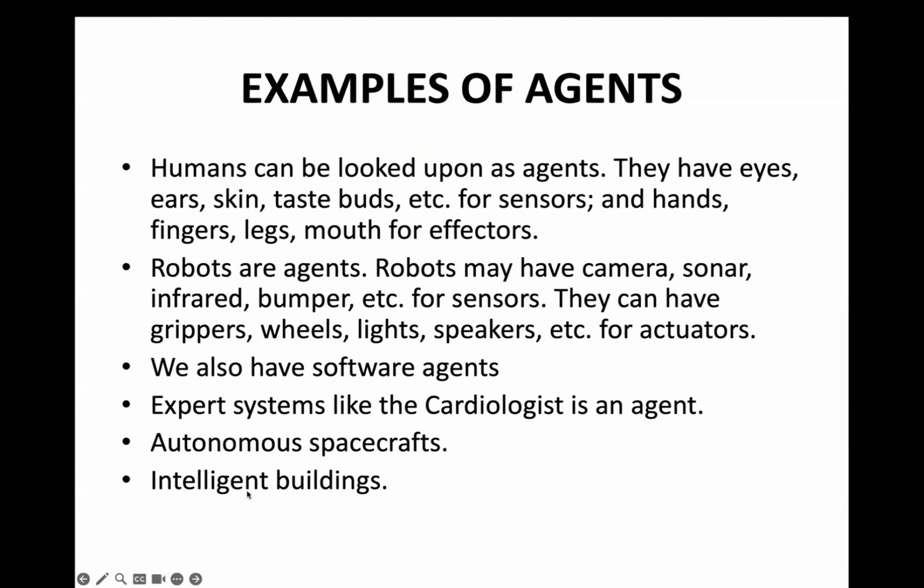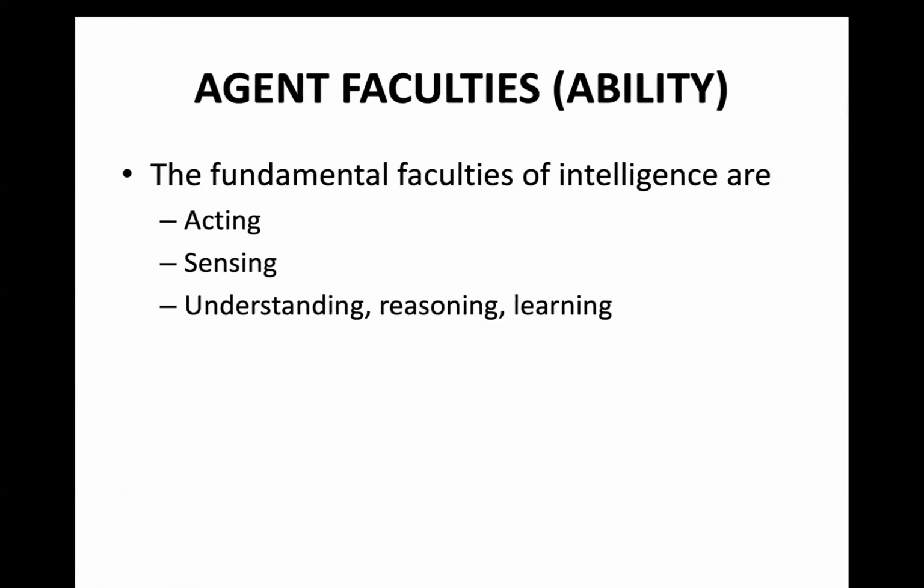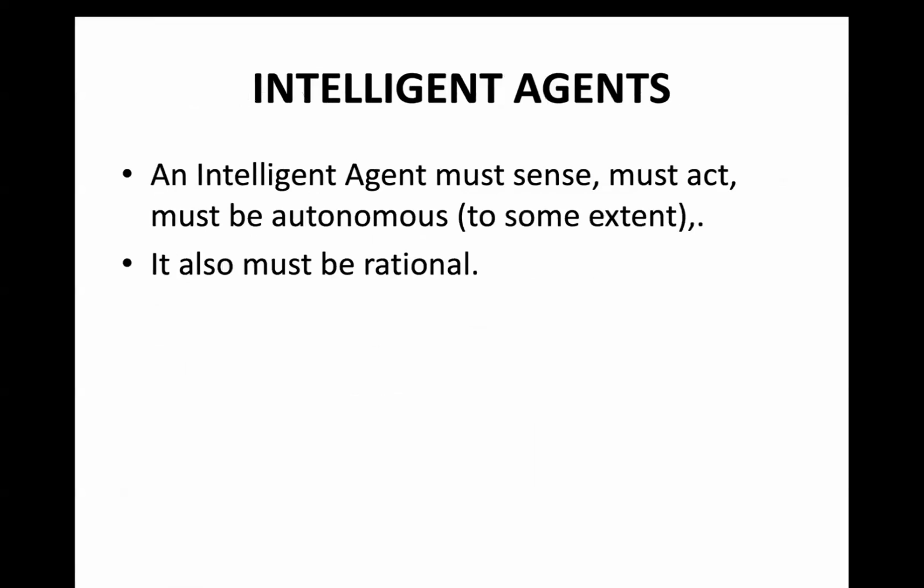We also have intelligent buildings. Each of those agents, like we said, is supposed to have a way of getting input, perceiving the environment, and responding accordingly. Those are the fundamental faculties of intelligence: sensing. When it senses, it should understand, reason, learn, and finally act.